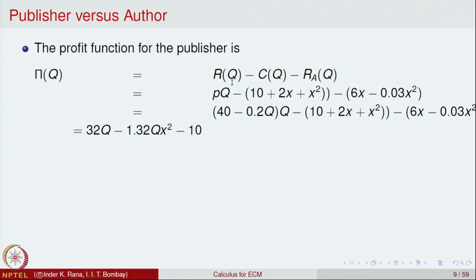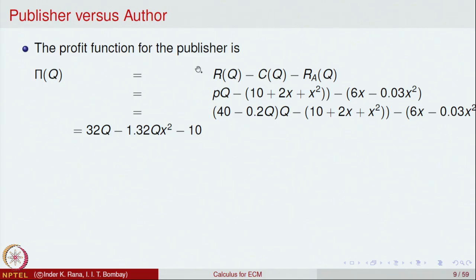So, let us put in the values. RQ is PQ, CQ is 10 plus 2Q plus Q square. There is a typo again here, it should have been Q instead of X. Minus RAQ, which we got as 6Q minus 0.03 Q square.